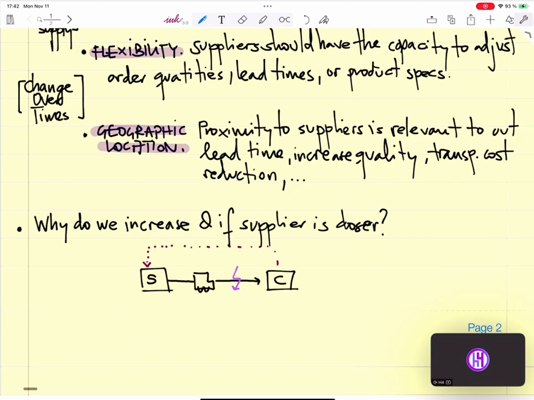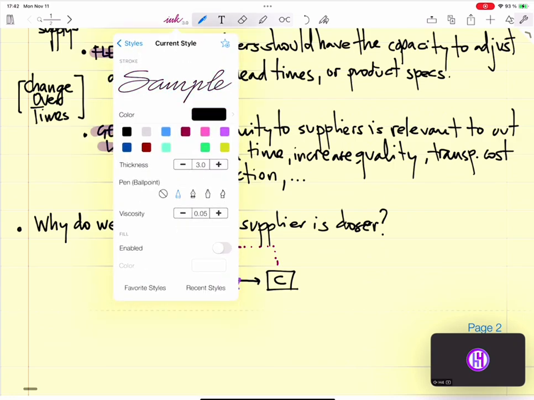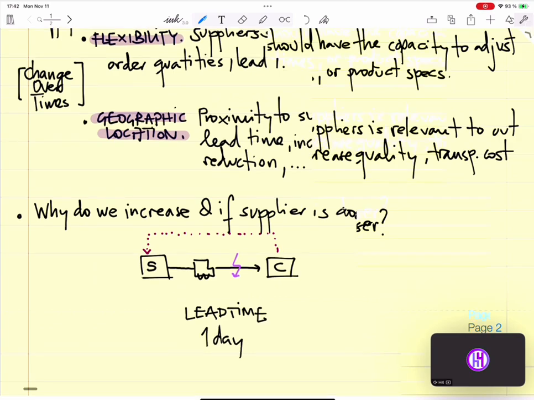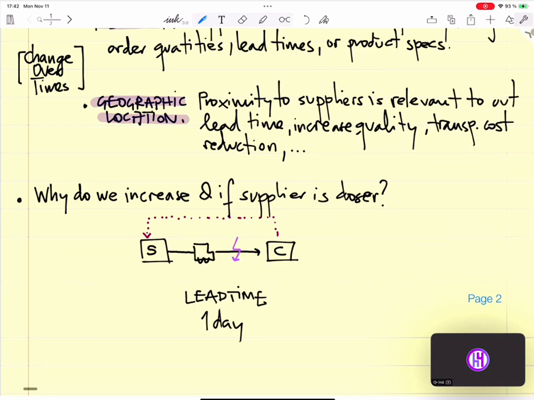You have a quality issue, please correct it and send me new products, okay? If it takes, let's say, 1 day to get from supplier to customer, then we have 1 day of inventory in between the supplier and the customer. So it takes 1 day to give feedback, because it takes 1 day for the mistake to get to my facility. So we have 1 day of inventory that is infected, let's say.